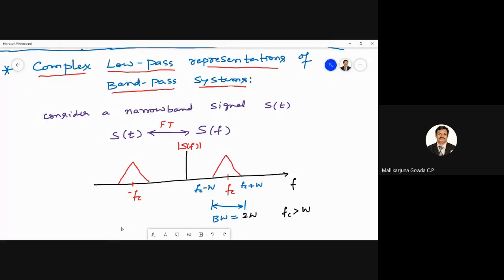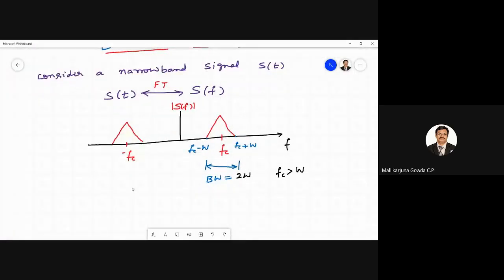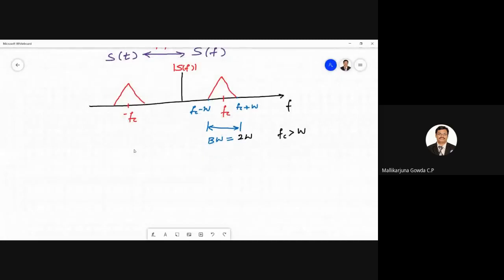So this is how I represent it graphically. I need to relate this bandpass signal with respect to the bandpass system.